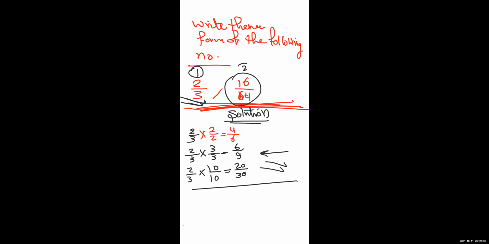Now number 2, 16/64. I have two choices. The first is to multiply it, or otherwise I can divide, because this number is divisible by many numbers. If I multiply it by 2/2, it will equal 32/128, correct? If I divide it by 2/2, it will equal 8/32.